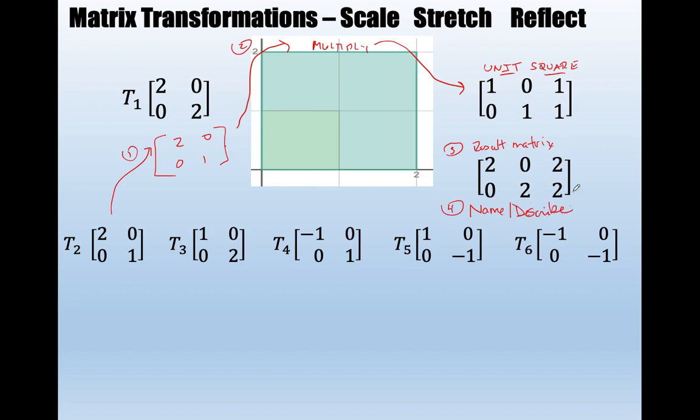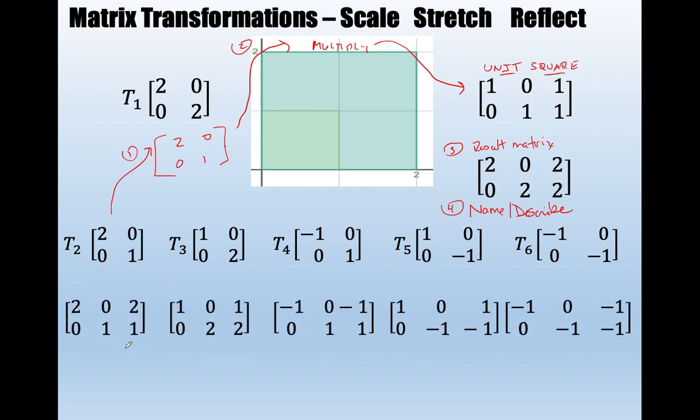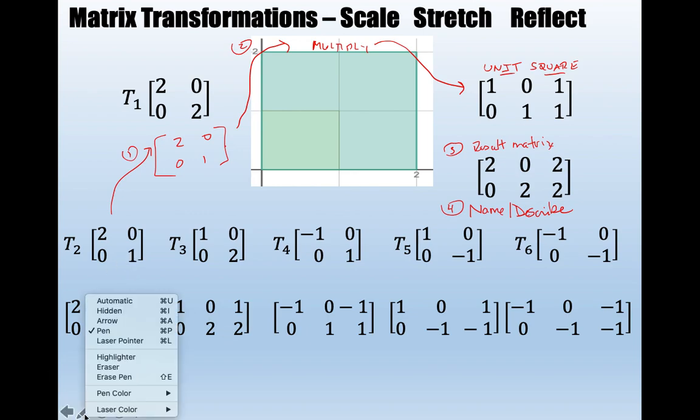So again, maybe you want to pause the video and do this yourself. But I'm going to go ahead and show you my results. So those are the resultant matrices that I got doing steps 1, 2, 3, and 4.